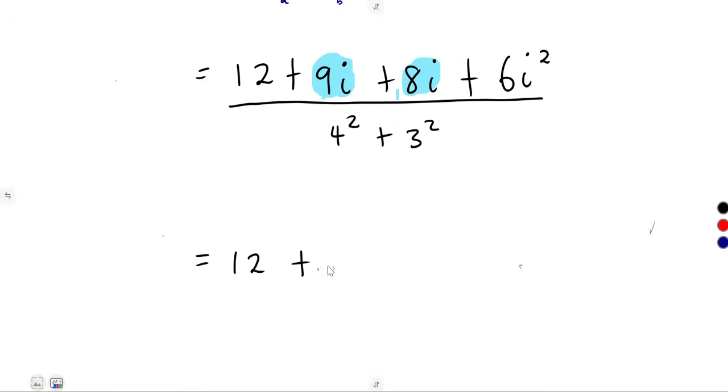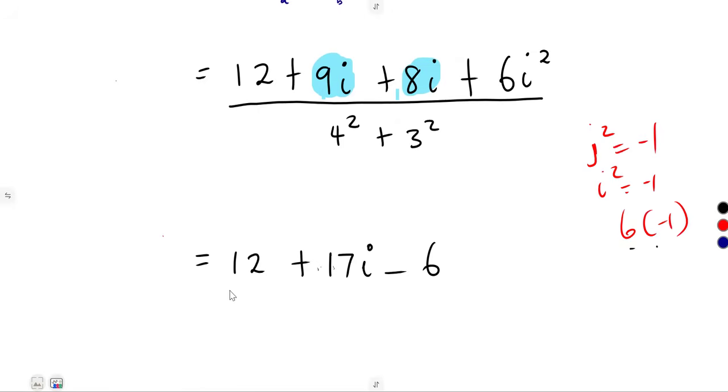So that's 17i here. And there is the i squared. Remember i squared is just like j squared, which is -1. So i squared is -1, so 6 times -1 is going to give us -6, everything over 16 plus 9, which is 25.